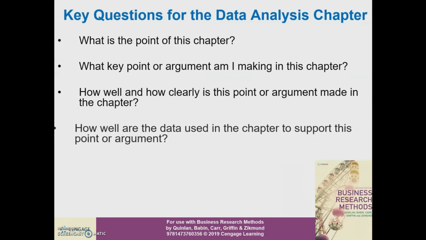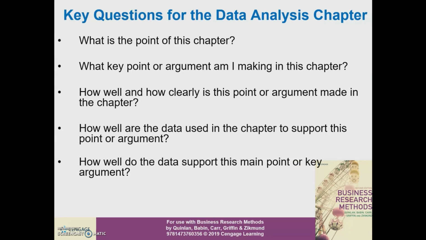For this particular chapter on data analysis, what you need to bear in mind includes all these questions. What is the point of this chapter? What key point or argument am I making in this chapter? How well and how clearly is this point or argument made in this chapter? How well are the data used in the chapter to support the point or argument? And how well do the data support this main point or key argument?